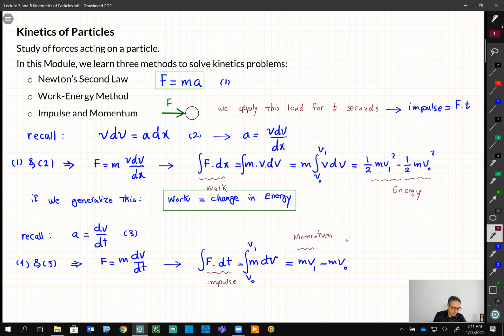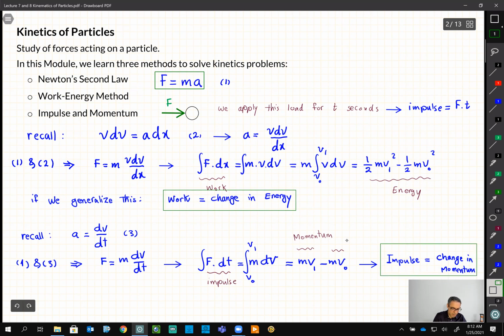So this is momentum, this is momentum. So then what I can write is basically impulse is equal to change in momentum. And this is our basically third concept.